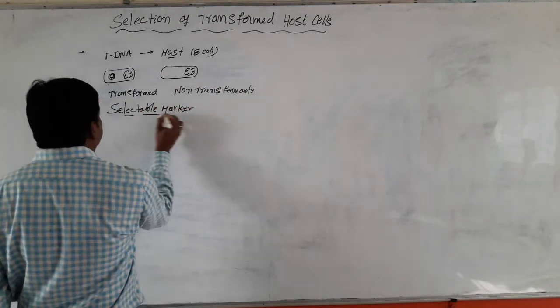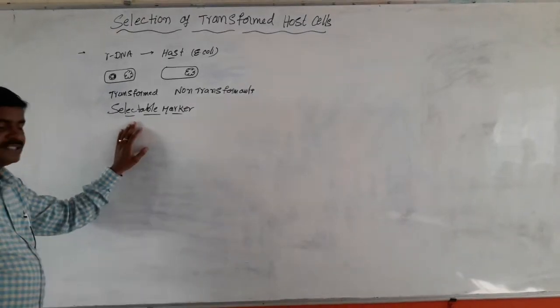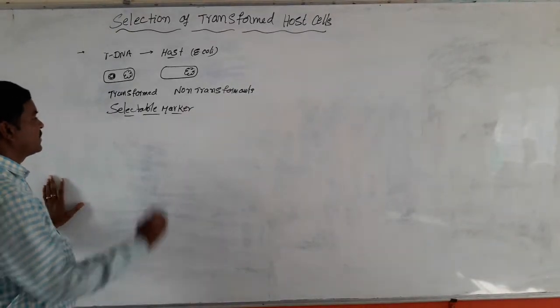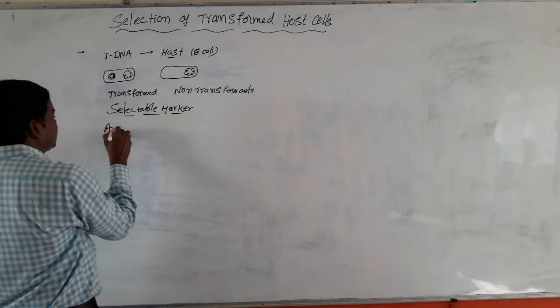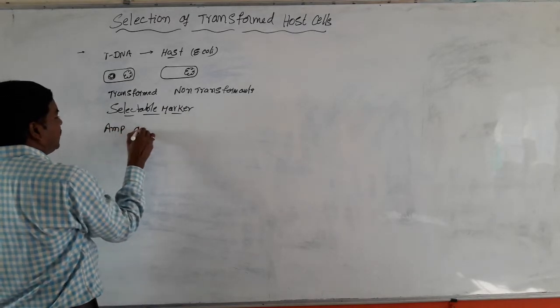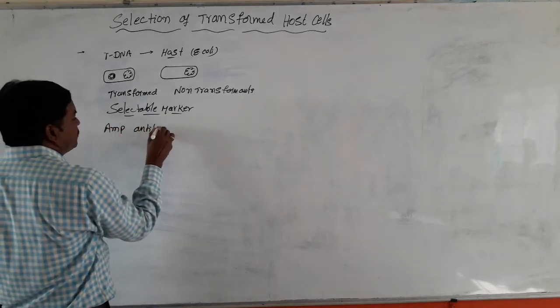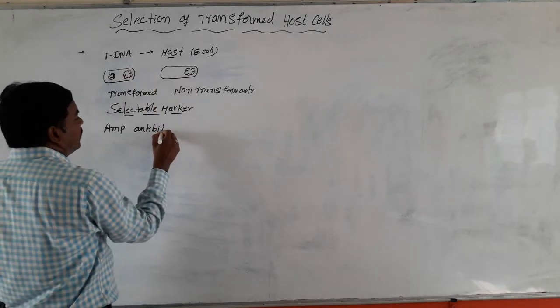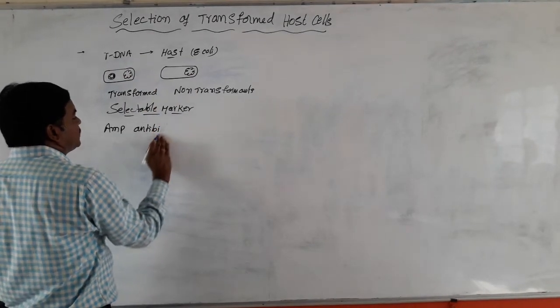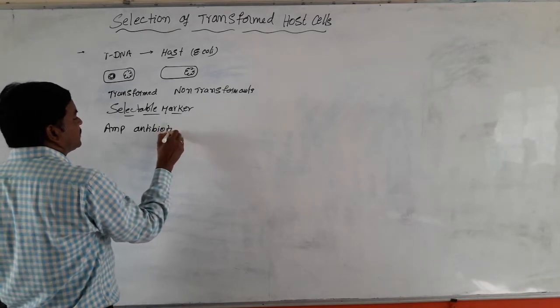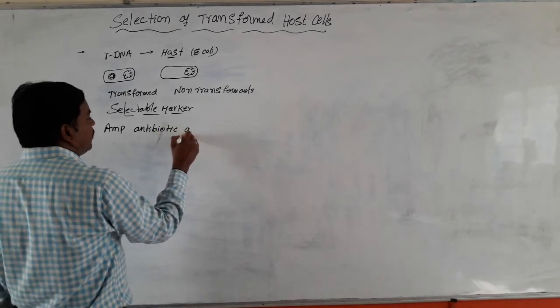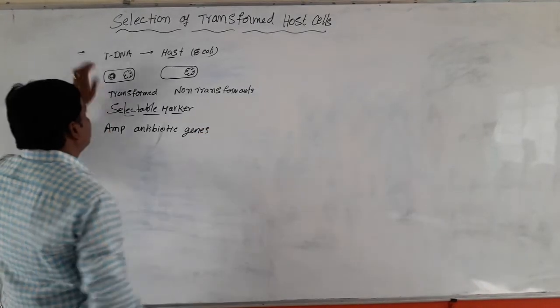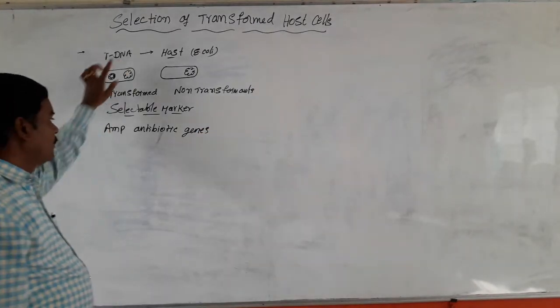They can be selected and eliminated by using selectable markers. For example, ampicillin antibiotic resistant genes being cloned in recombinant DNA.